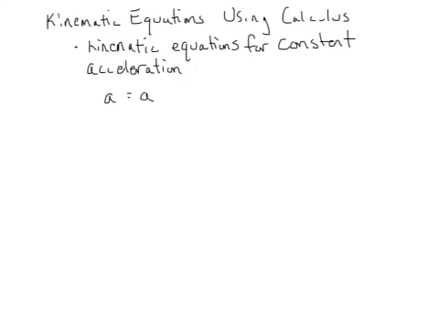So if we want to derive an equation for velocity, remember that v is the integral of a with respect to t, right? So velocity is the integral of acceleration with respect to time. And of course, if we evaluate that integral, then what we're going to get is at plus c.